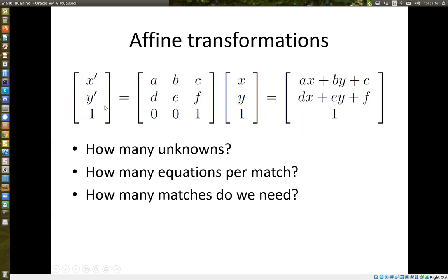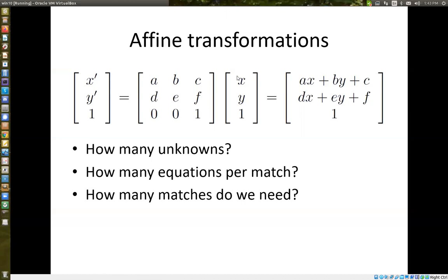So actually for each match you have 2 equations, because you have one equation, ax plus by plus c equals x'. Note that you need to keep your mind clear about what are the variables and what are the unknowns. x, y here are not the variables.